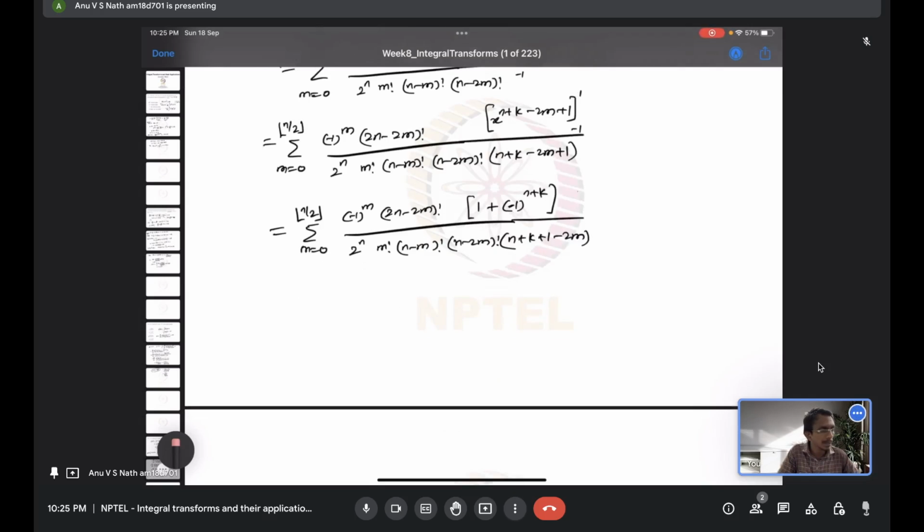It's a constant. But the k appearing here, we cannot do that. That will influence the n. So this factor was earlier n plus 1 minus 2m. Now it is modified as n plus k plus 1 minus 2m. So it's just a modification to what we had earlier. And if you do that, you will find a similar expression.